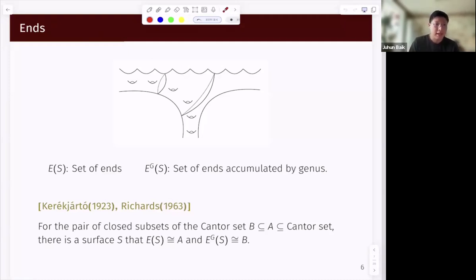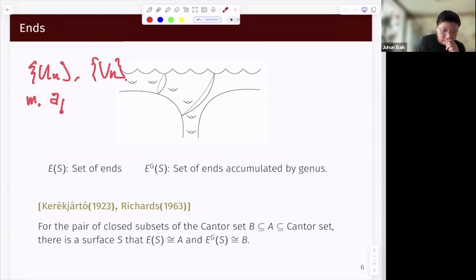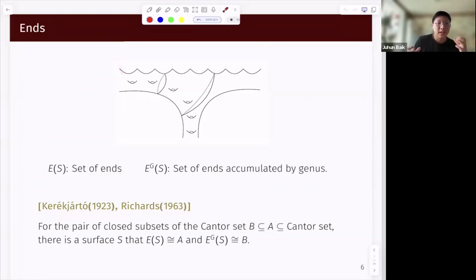That equivalence class is defined as follows: if you have two sequences U and V, then for any integer m there exists some integer n such that Vn is contained in Um. This means we only care about how they shrink and where they converge.